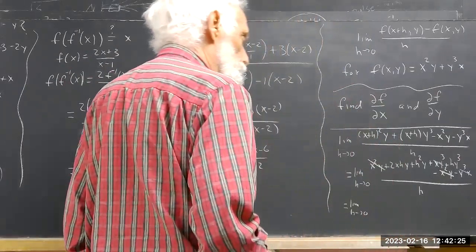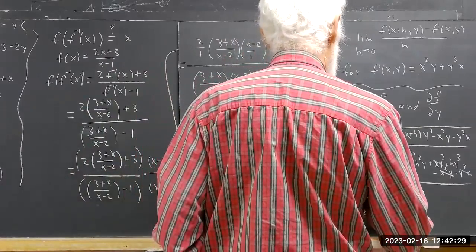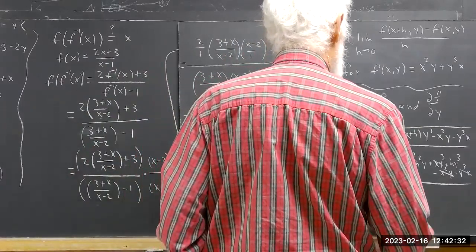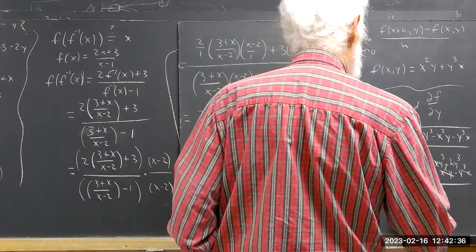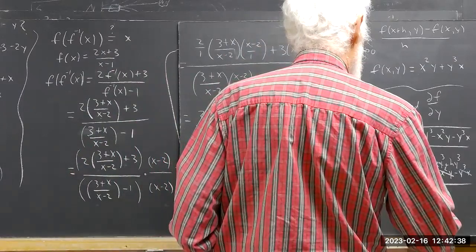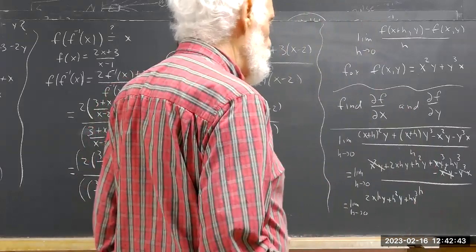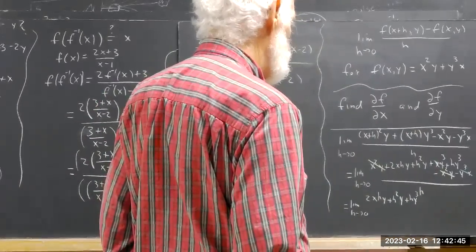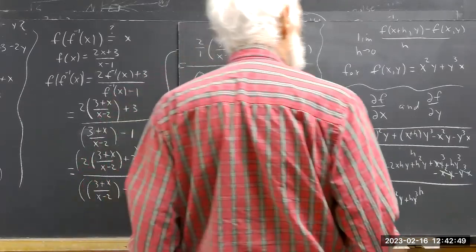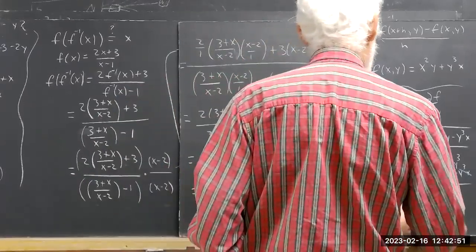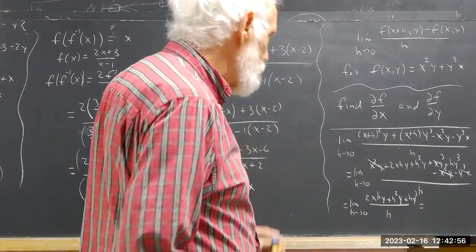So what we're left with in the numerator is 2xh y plus h squared y plus h y cubed. Divide that by h, the h's go away.